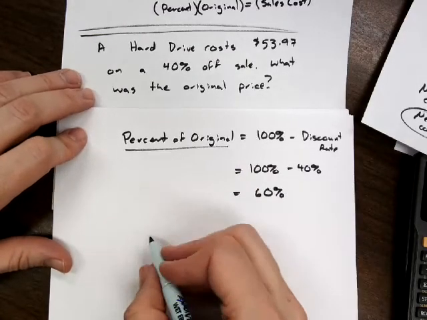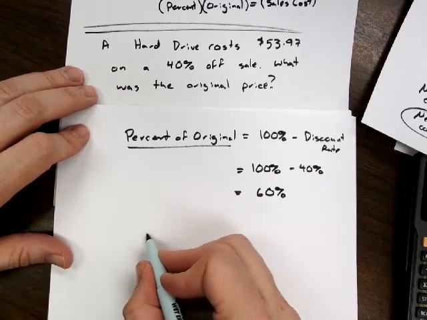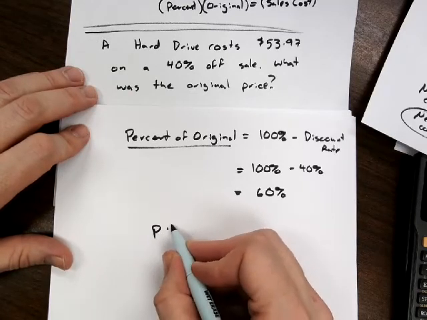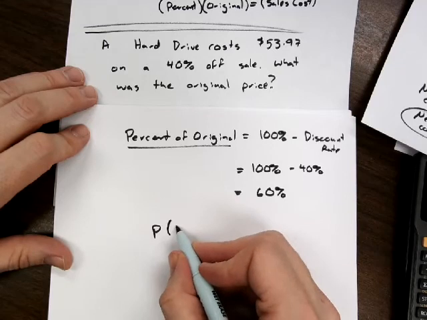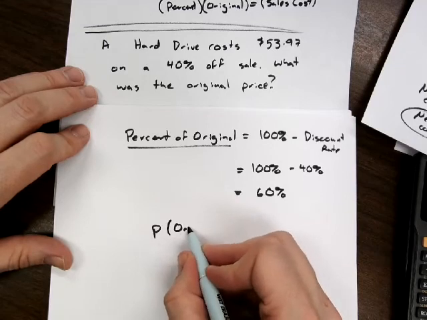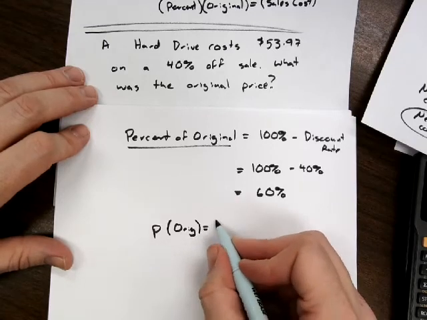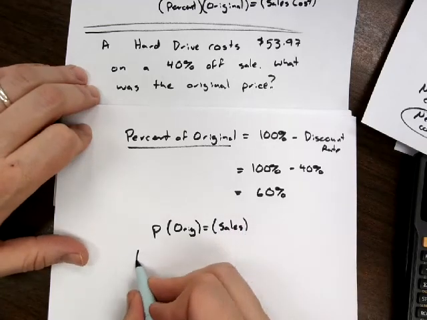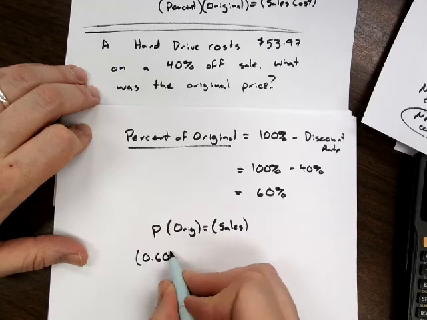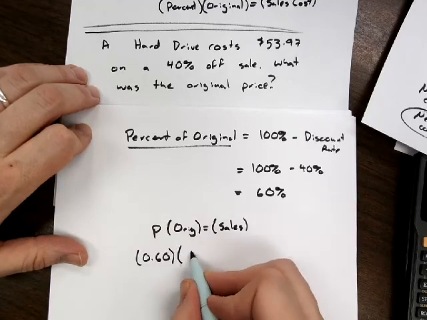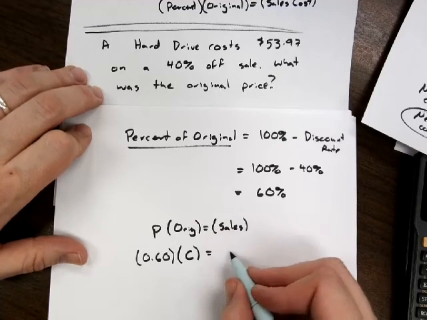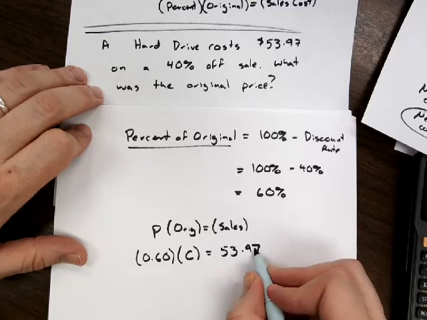Okay, now I can say I've got my percent times whatever that original cost is equal to my sales price. So it's going to be 0.60 times C, for my cost, is equal to my sales price of $53.97.